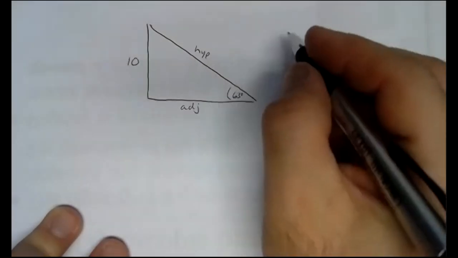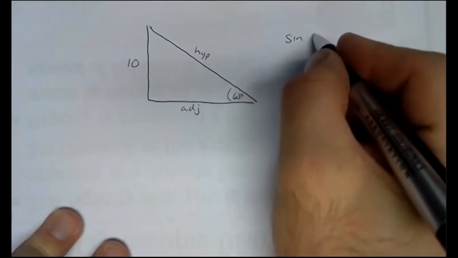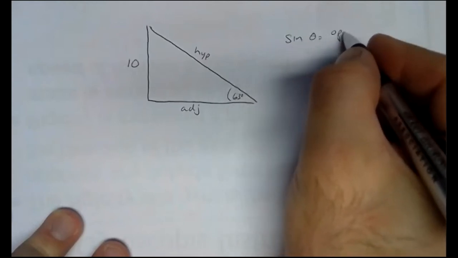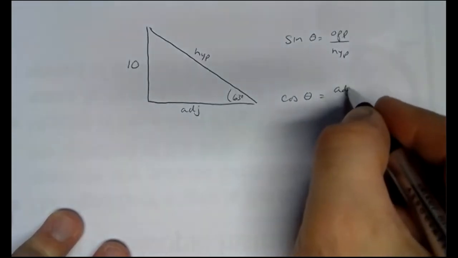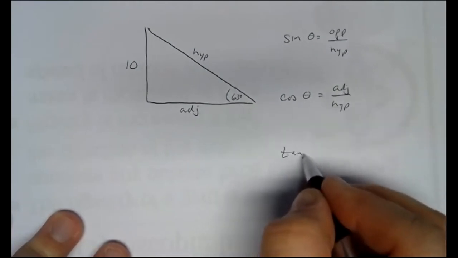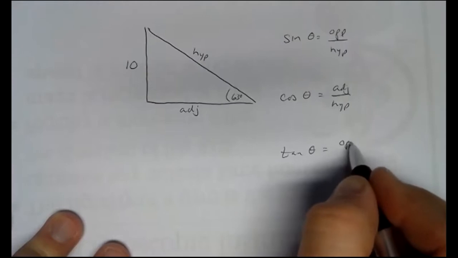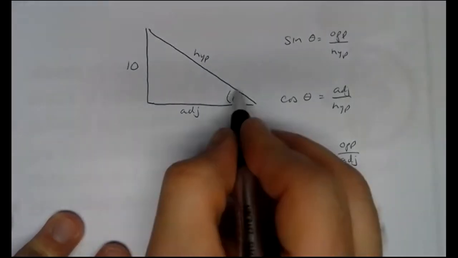Well, to kind of brute force it here, we can put our definitions down. Sine of an angle is the opposite over the hypotenuse. Cosine of an angle is the adjacent over the hypotenuse. And the tangent of an angle is the opposite over the adjacent. And we want to find out which of these three will work.